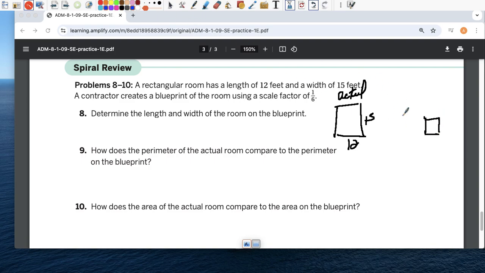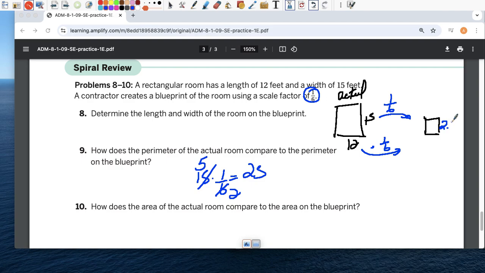So what that means is, going this way, right? Well, first of all, the scale factor is less than 1, so we know it's going to be a reduction. So let's multiply it. 15 times 1/6, 12 times 1/6, and get the two new dimensions. So 15 times 1/6. 3 divided by 6 divided by 3 is 2. It's 5 over 2, which is 2.5. So on the picture, this would measure 2.5 feet.